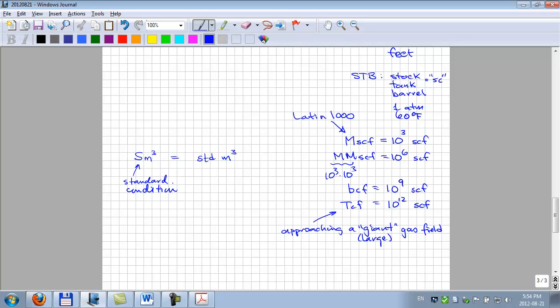In old Norwegian material, they used what was called normal cubic meter, at 20 or 25 degrees C and 1 atmosphere. Just forget I said that, but you might find an old report with normal cubic meters.